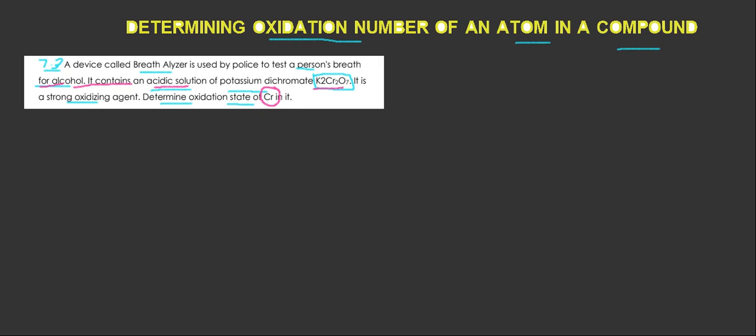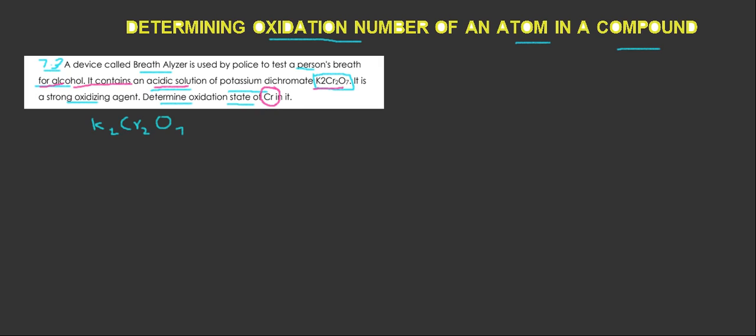Now you have to apply the various rules that we discussed in the previous lecture. As you can see from the molecular formula, K2Cr2O7, what does this mean? It means we have 2 atoms of potassium, 2 atoms of chromium and 7 atoms of oxygen.